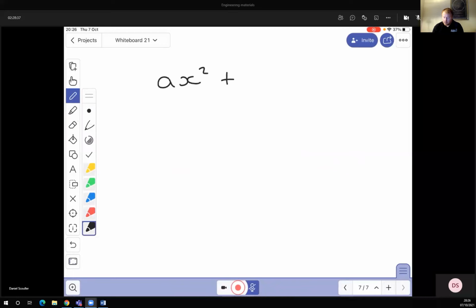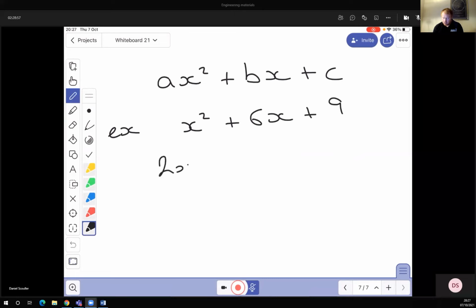A trinomial is in the format ax squared plus bx plus c. Let's do an example of that. An example would be x squared plus 6x plus 9, or if there was something in the a space, 2x squared plus 4x plus 6.